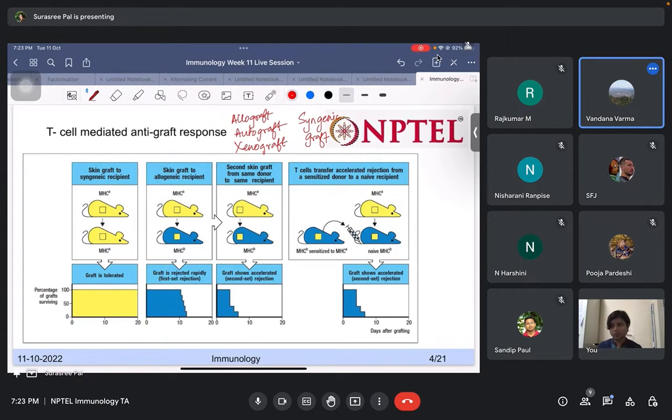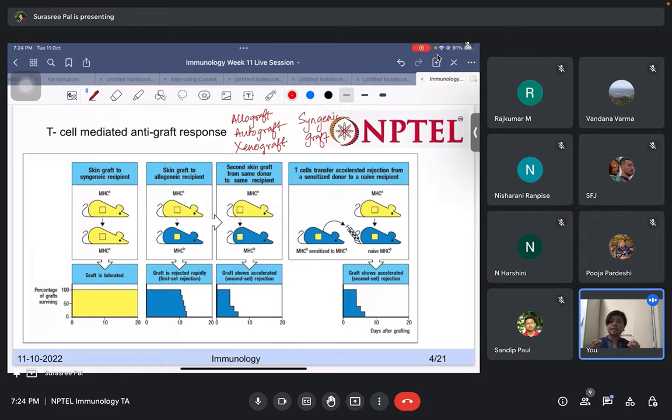Exactly. Very good. So allograft and syngeneic graft, both of these happen between two individuals of the same species. But in case of allograft, the grafting is happening between two individuals of the same species who are not genetically identical, right?